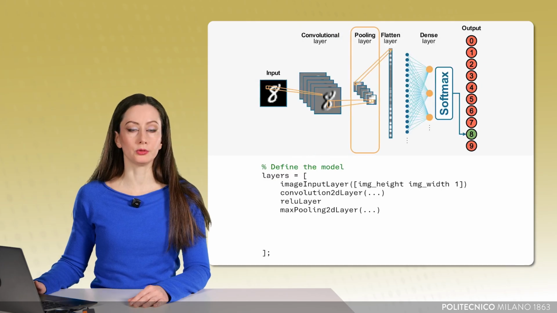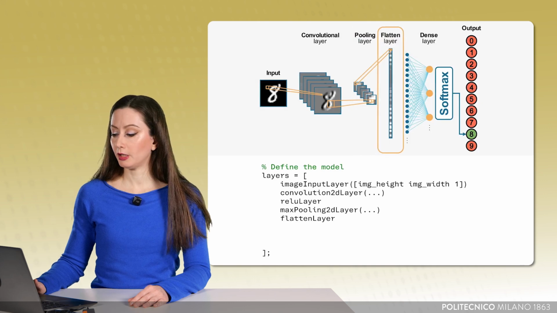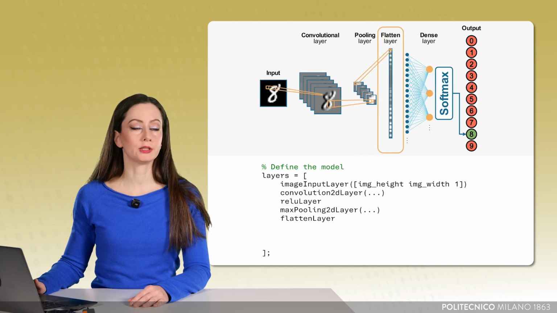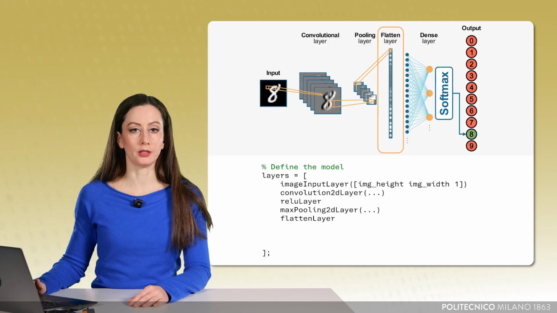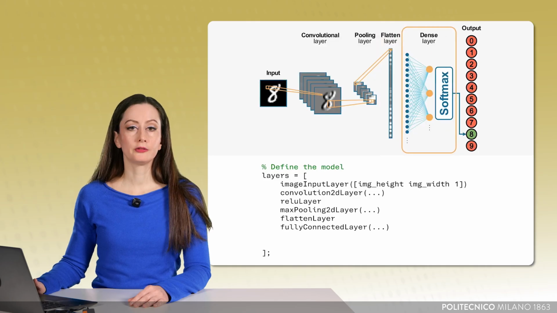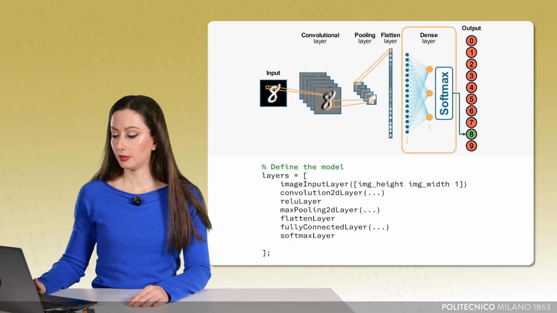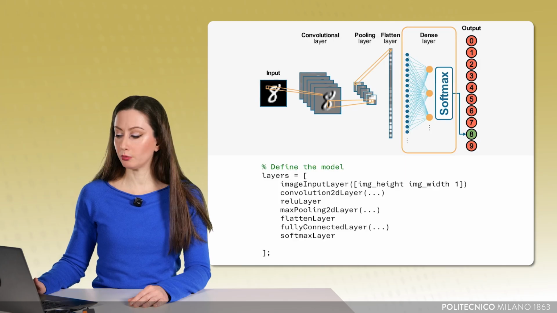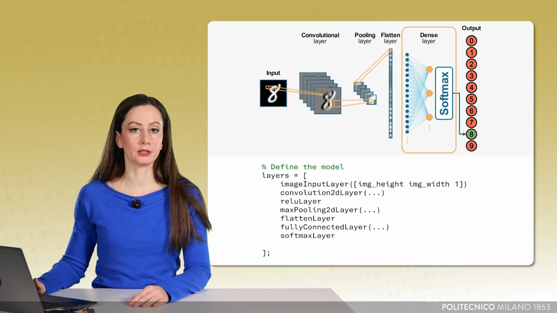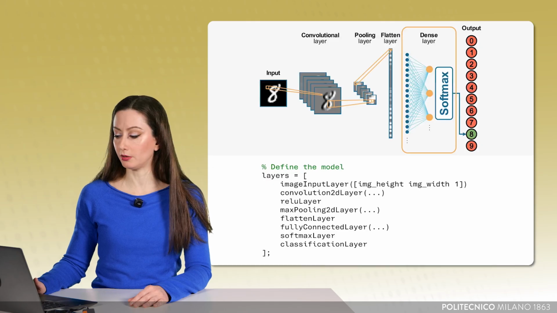Next, max pooling 2D layer implements the pooling layer. The output of the pooling layer is reorganized into a vector thanks to flatten layer. And finally, fully connected layer defines a dense neural network. The classification task is then completed by calling the softmax activation function in softmax layer and converting the resulting probability into classes with the classification layer.